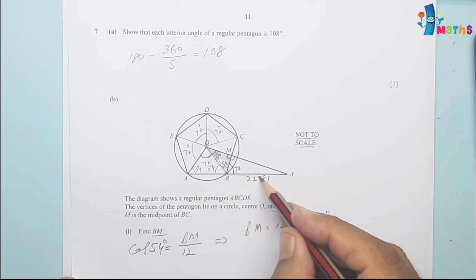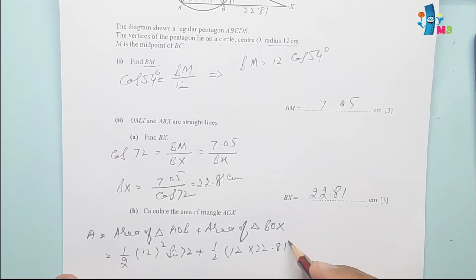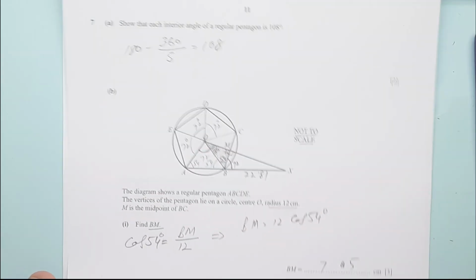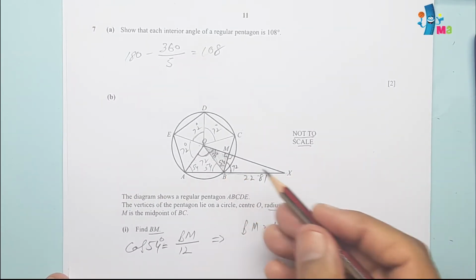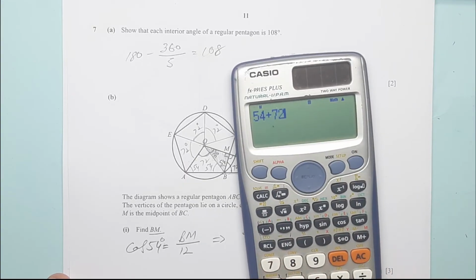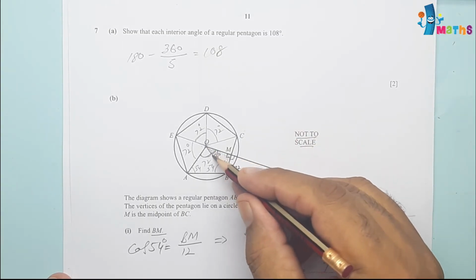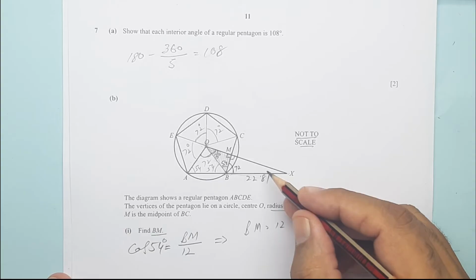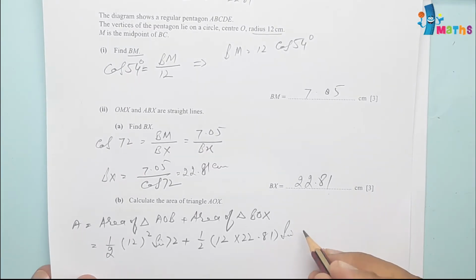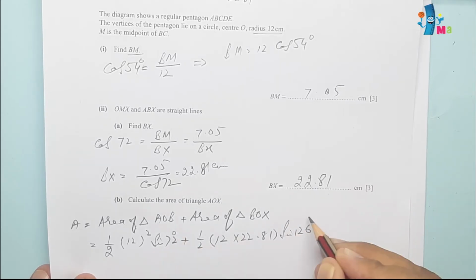So this side multiplied by this side, and sine of 54 plus 72. 54 plus 72 will be equal to 126. So sine of this complete angle, which is 126 degrees.